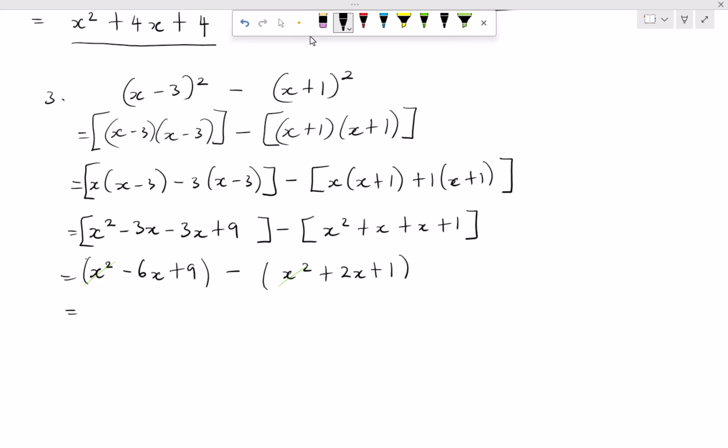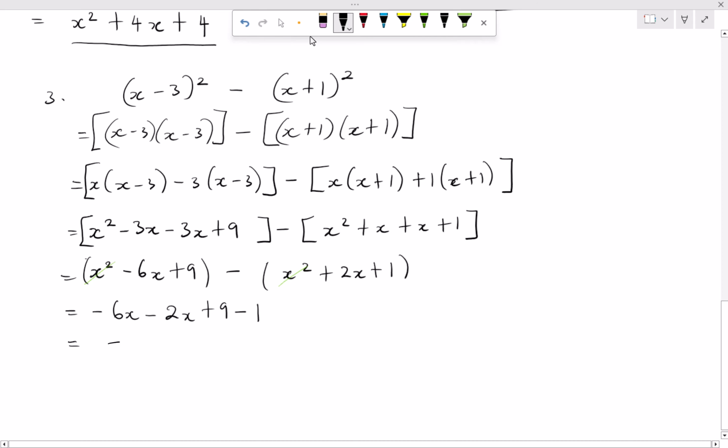So it's the same as saying minus 6x minus 2x, because remember, a plus and a minus give us a negative. And then we have plus 9 minus plus 1. So minus and plus gives us a negative. So that becomes minus 1. All right, so minus 6x minus 2x, that's minus 8x, plus 9 minus 1, that is 8.